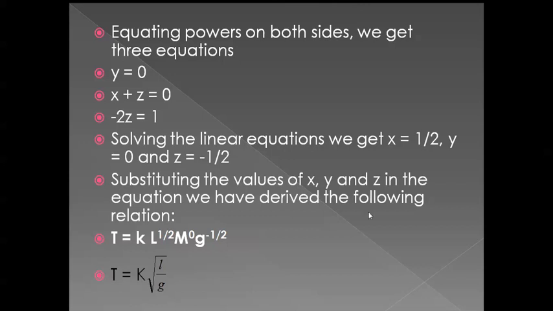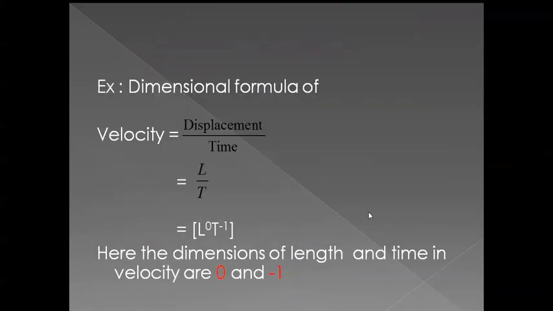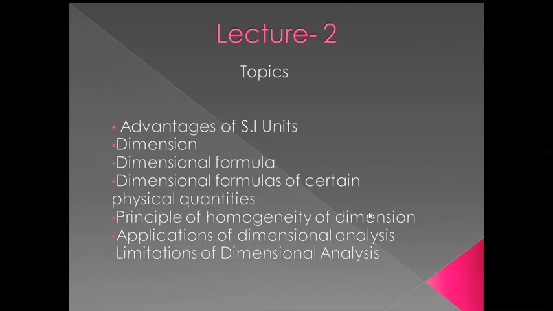So in today's lesson, we discussed the advantages of SI units and dimension. Dimension is the power to which a fundamental physical quantity is raised to get the derived physical quantity. That total equation is called the dimensional formula.